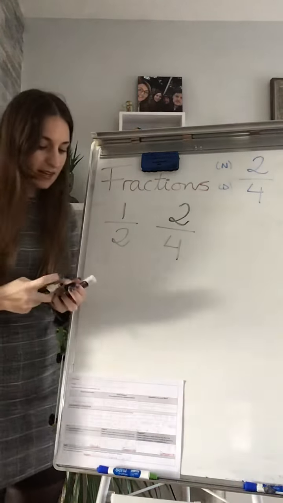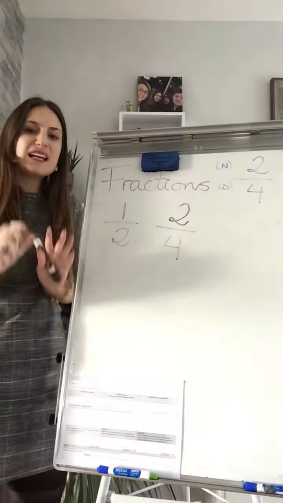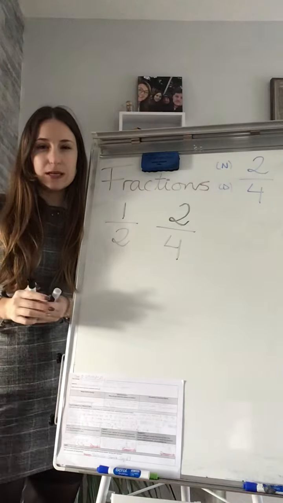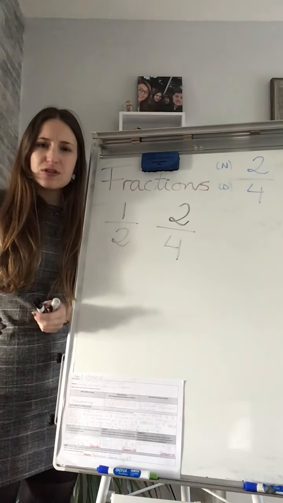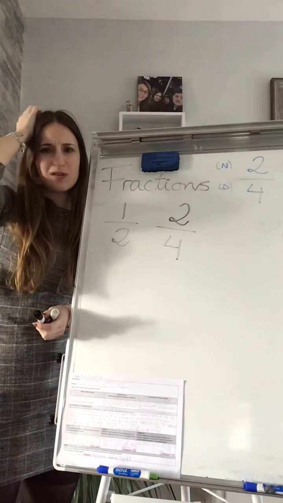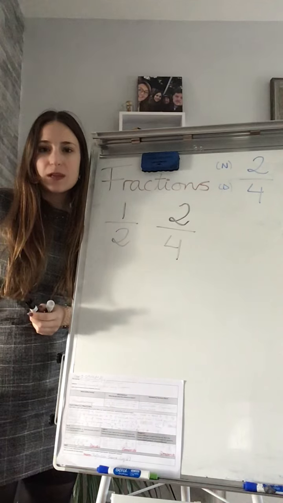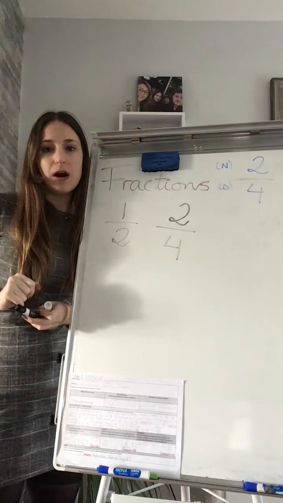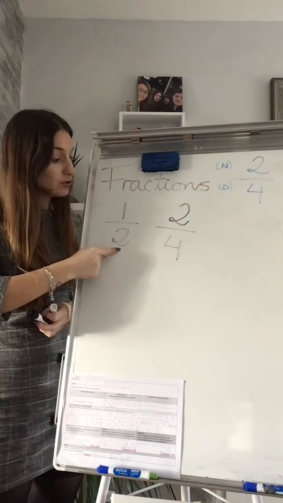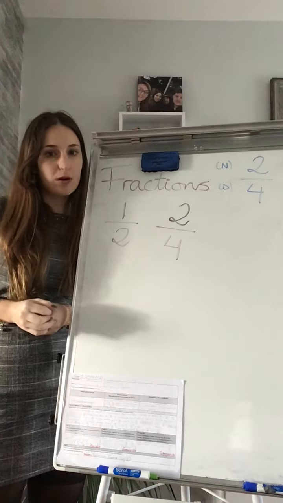So I'm a little bit greedy. I absolutely love that chocolate bar, and he has absolutely the same chocolate bar as me. And I'm there thinking, well, would I rather eat 1/2 or 2 quarters? So what will you do, guys? If you really want to eat the most of that chocolate bar, what will you eat? Would you rather choose 1/2, or would you rather eat 2 quarters?